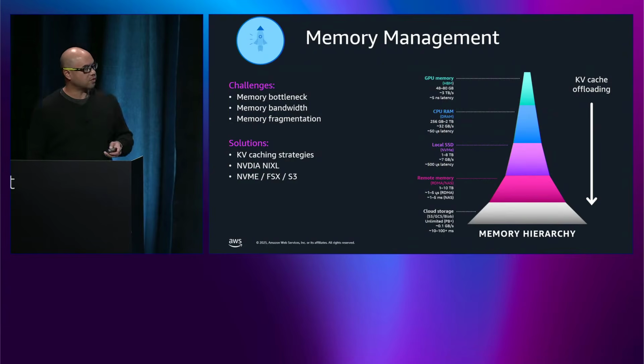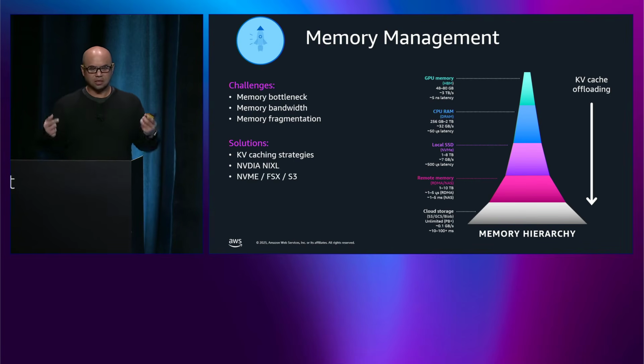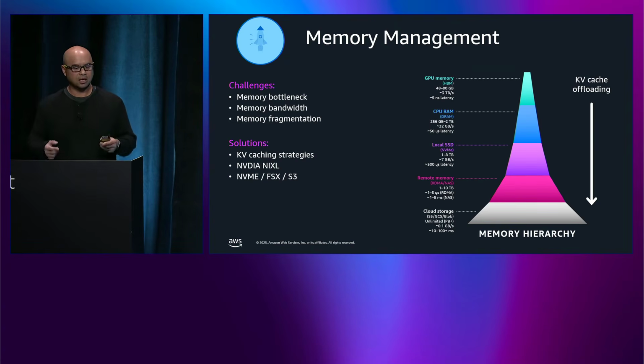In order to work around those memory management challenges, there are a few techniques. One of them is called KV cache offloading. If you consider that GPU memory is quite finite, how can you have a system that offloads the KV cache across different memory or storage tiers? That is what new frameworks are coming up with.